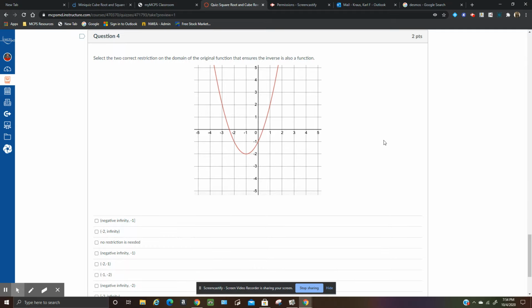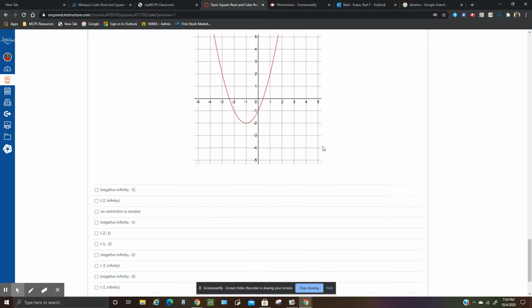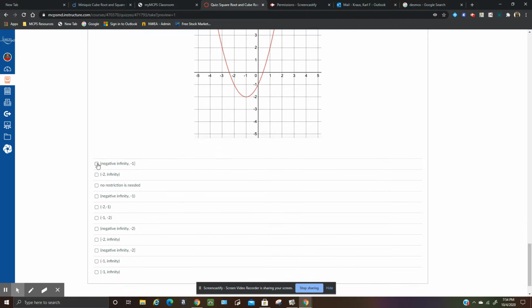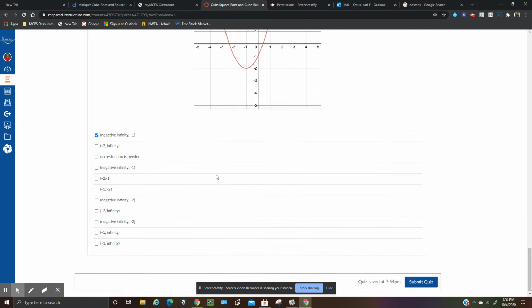All right. This question I think is controversial to me because right here, the vertex is at -1. So I know that it's from -infinity to -1, and then from -1 to infinity with the square bracket. So it's that answer here. They did shuffle this one, because last time they weren't in that order.